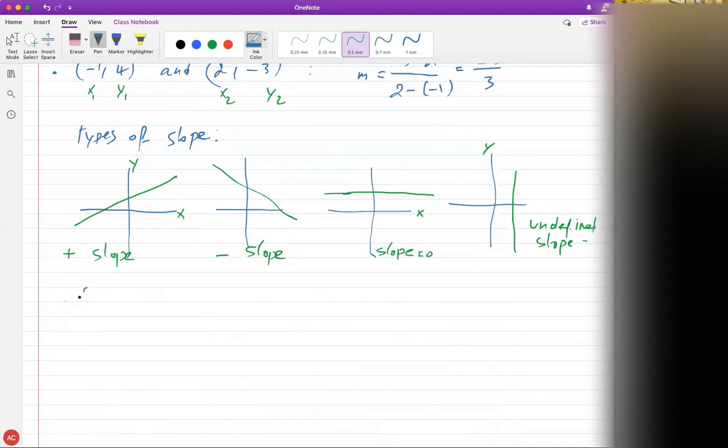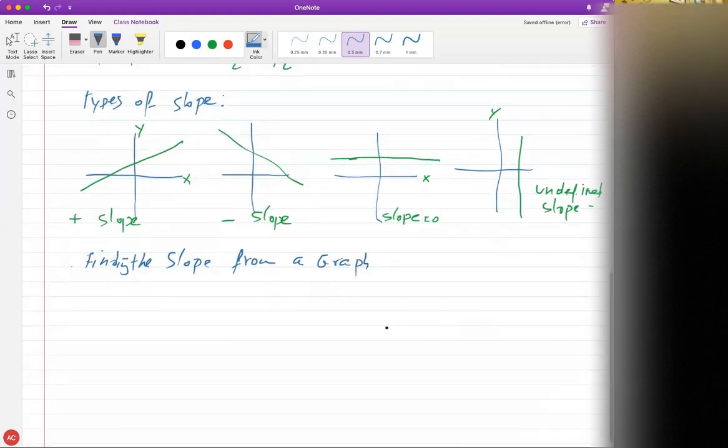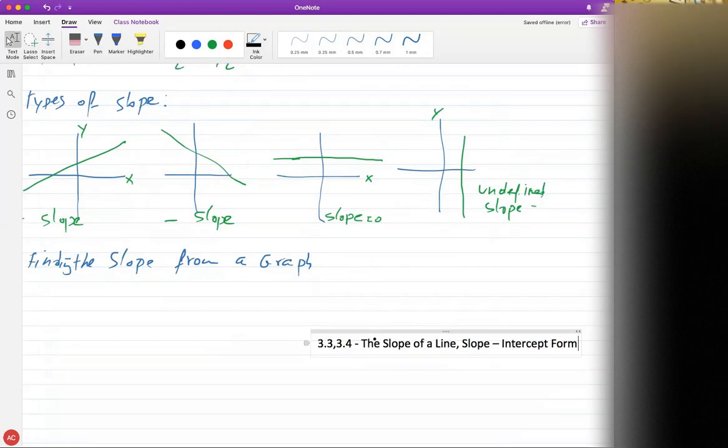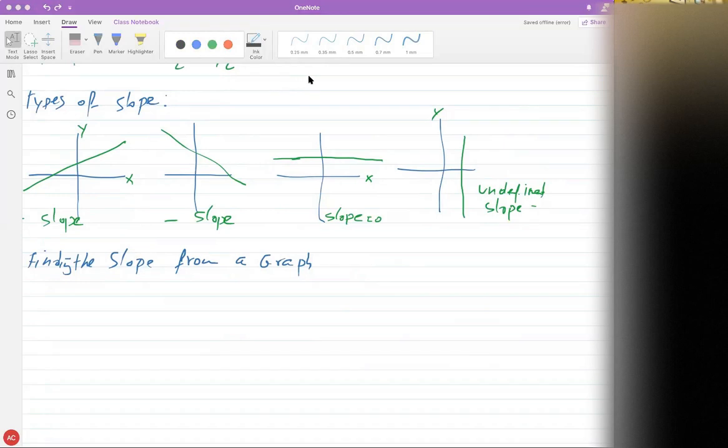You could also find the slope from a graph. Okay, finding the slope. Let me grab one of those graphing papers quickly.